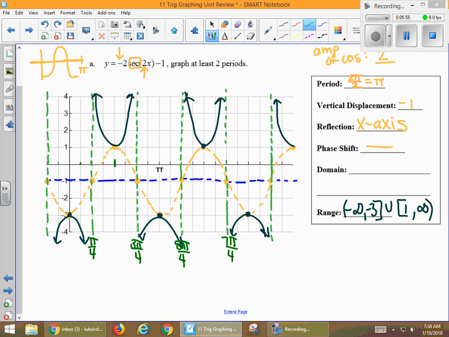So here, as we're looking at this, the way we write our domain is to start all reals. X cannot equal. We're going to use this first positive asymptote, pi over 4, n, and then we're going to define what that n is.